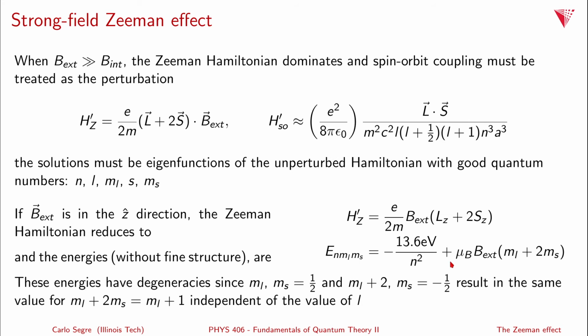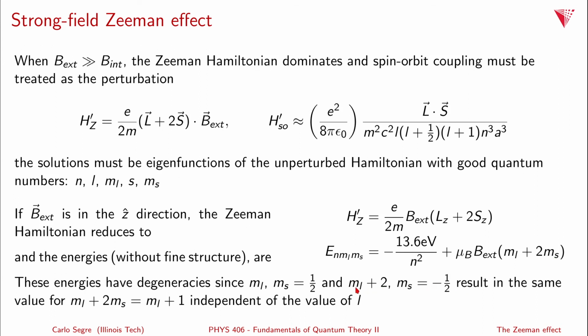So these energies have some degeneracies, because for given n you can find several values of M sub L and M sub S which give you the same energy. For example, if you have M sub L and M sub S equals 1/2, then this term will be M sub L plus 1.